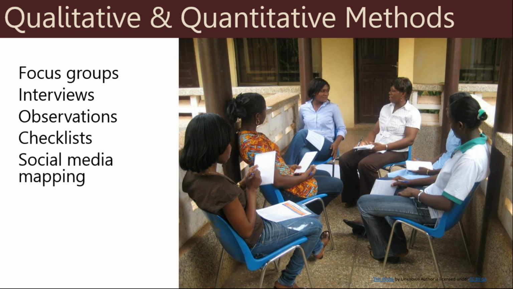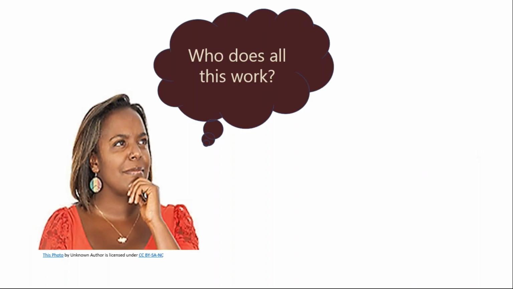Checklists are another tool. Social media mapping is big these days, where evaluators are looking and tracking what people are saying about you and what they're not saying about you on social media. And probably the most popular method that almost everybody uses everywhere are surveys. And that's what we're going to focus on today for the rest of the webinar.